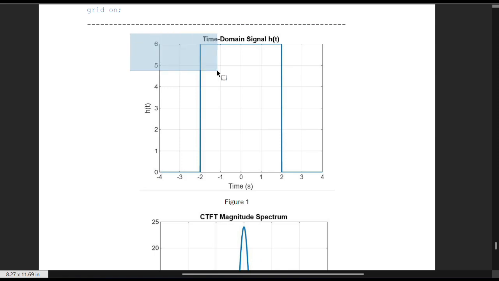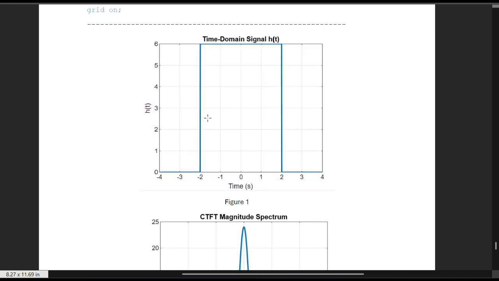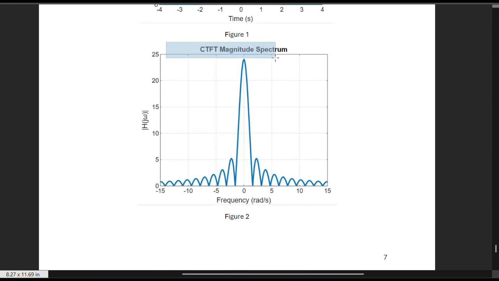This is actually pretty much the same as task 1b, only that I put the axis from negative 4 until 4 for the x-axis. And then this is the CTFT magnitude spectrum, 0 until 25 for the H(jω), and the frequency in radians per second is negative 15 to 15.